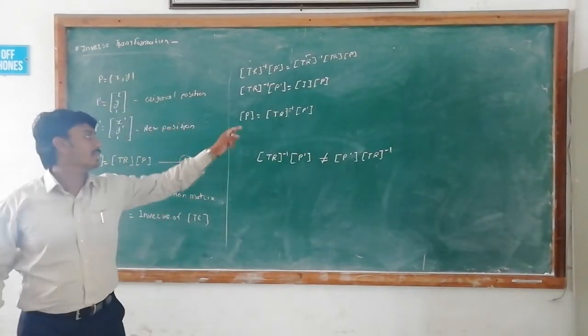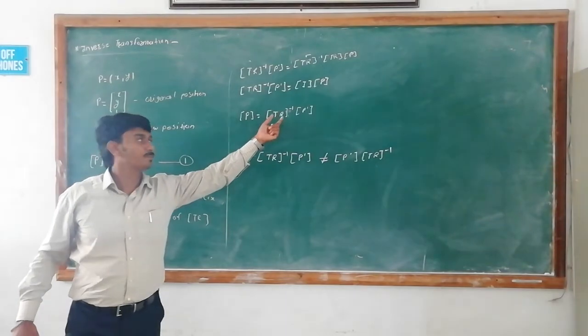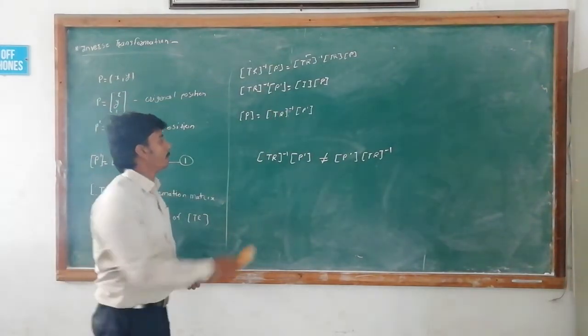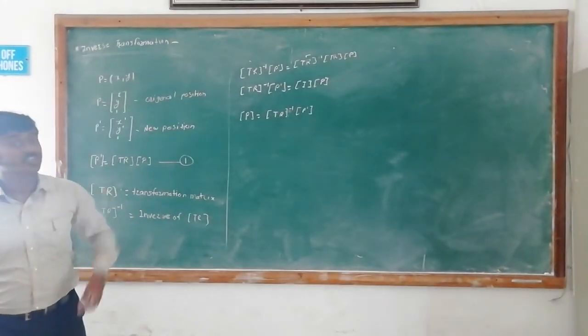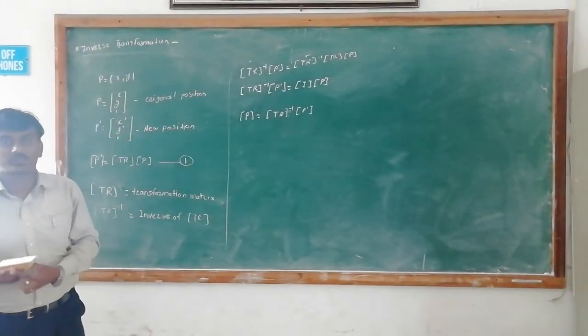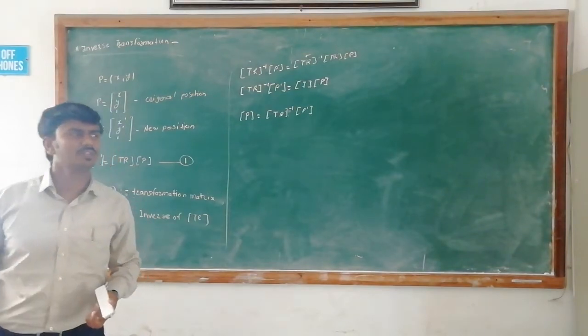So always remember that P is equal to the transformation matrix inverse into P dash, and this is called the inverse of the transformation.